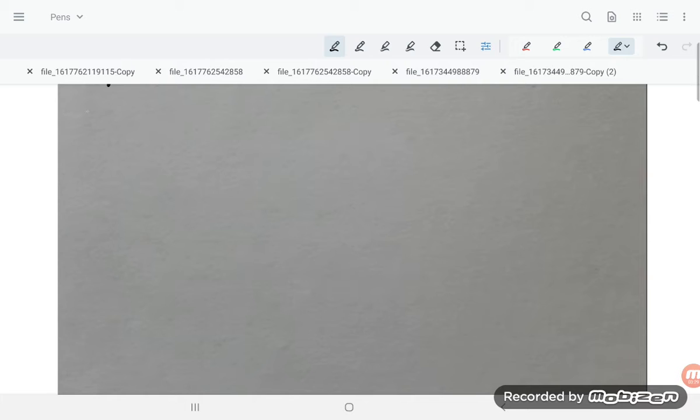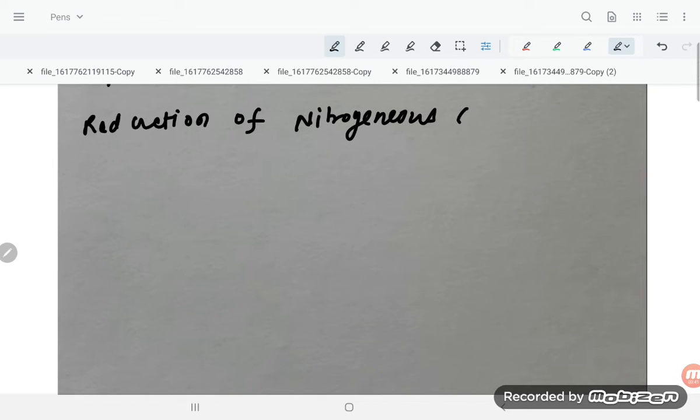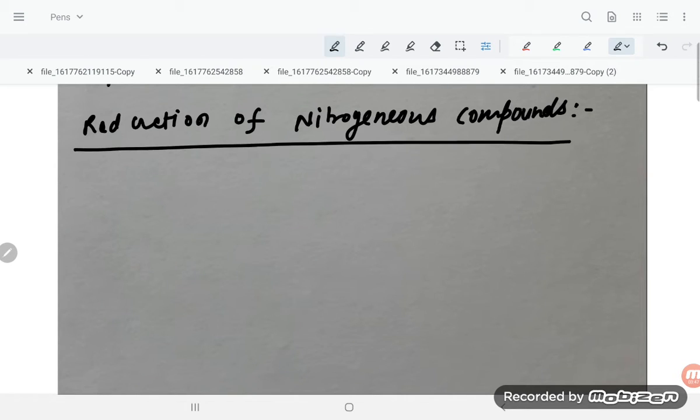The next method is reduction of nitrogenous compounds. This is simply reduction of nitrogenous compounds.